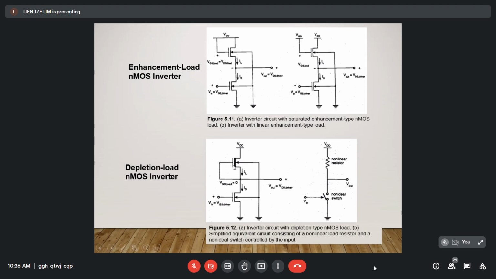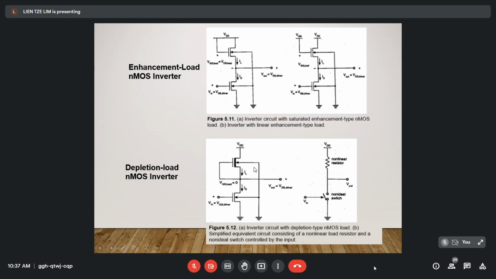Last week I discussed the advantages and disadvantages of both of these Lood-Elmos inverters. There is a table that compares their disadvantages and advantages. I will further discuss the design of the depletion Lood-Elmos inverter.